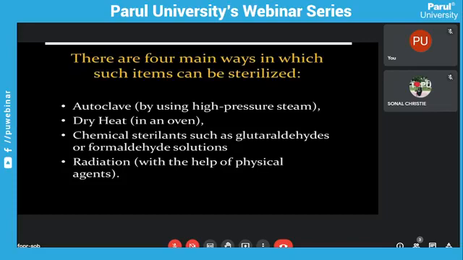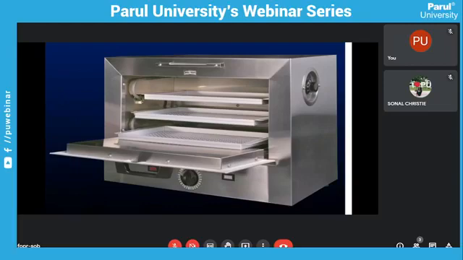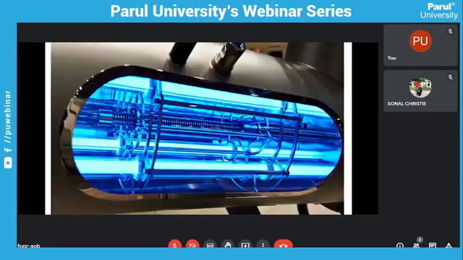Then fourth is radiation, a physical agent: through the use of electromagnetic waves we can perform sterilization. This is the autoclave, oven and radiation.